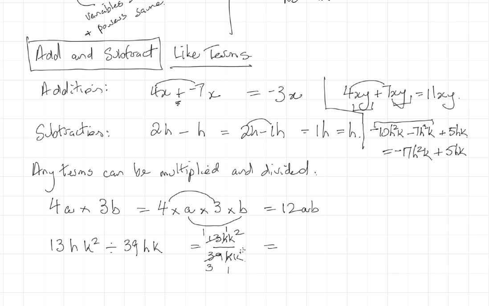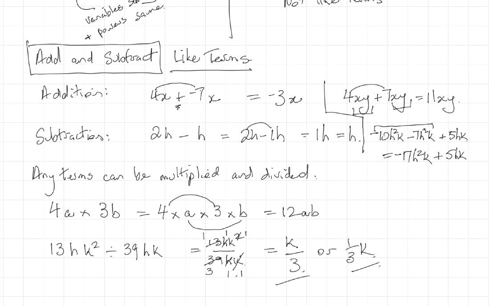So we will divide, and when you divide you subtract. So 2 minus 1 is 1. So the k will end up being on the top, and it'll be k to the power of 1, which is just k. So it's 1 times k to the power of 1, that's k. And then 3 times 1 on the bottom. Multiply, and that's just equal to 3. Okay, another way to write k on 3 is 1/3 of k. Either one of those is going to be fine.